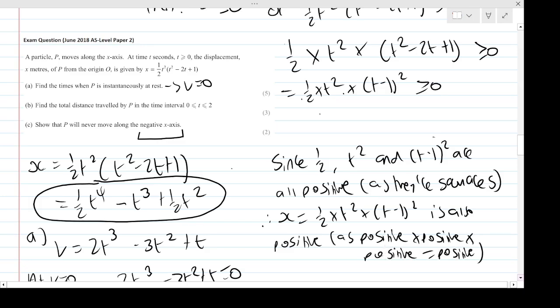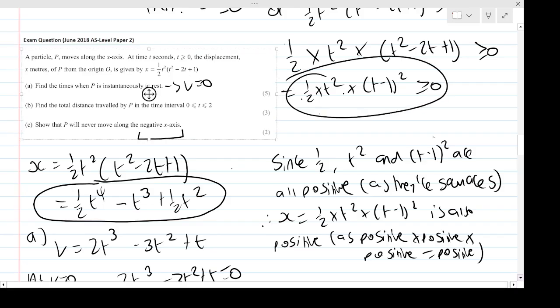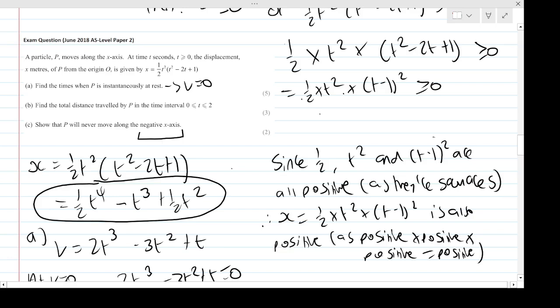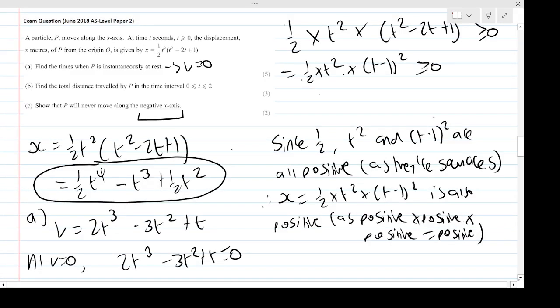So hopefully with me there. Okay, so we just considered all the factors of x here, and all the factors here must be positive because they're square numbers and so forth. So the x as a whole is positive. So if it's positive, then that simply means therefore x cannot be negative.